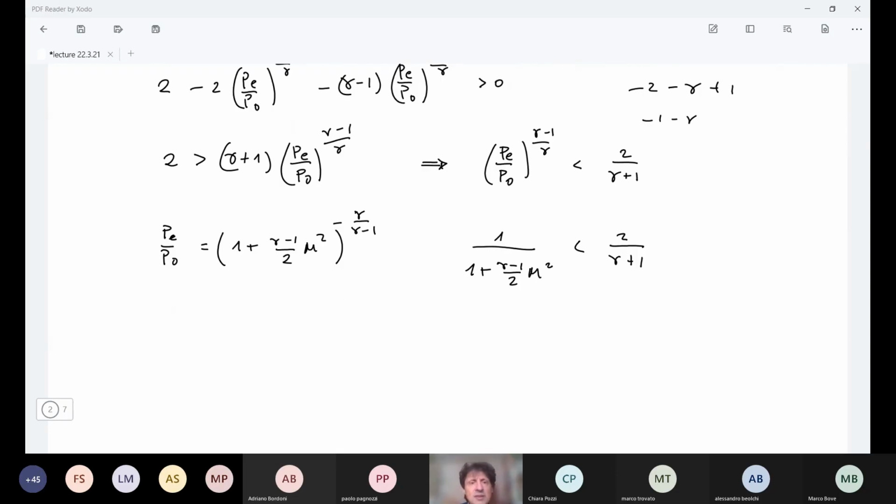Is it correct? P over P0 is 1 over 1 plus delta squared, and yes, so it becomes that 2 plus gamma minus 1 M squared must be, this is on the right hand side, must be greater than gamma plus 1, or gamma minus 1 M squared must be greater than gamma minus 1.